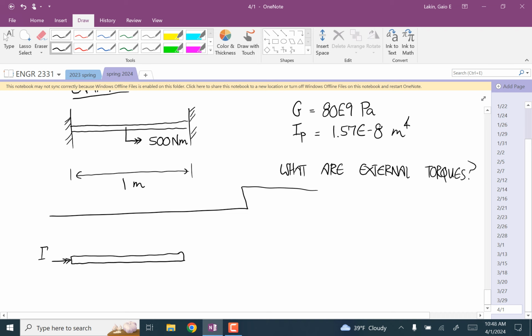I'll call this torque A. And a reaction torque here, call this torque B. And then we have this 500 Newton meters. And so the moment equation says torque A plus torque B is equal to negative 500. That's one equation for two variables, so now we know it's statically indeterminate.